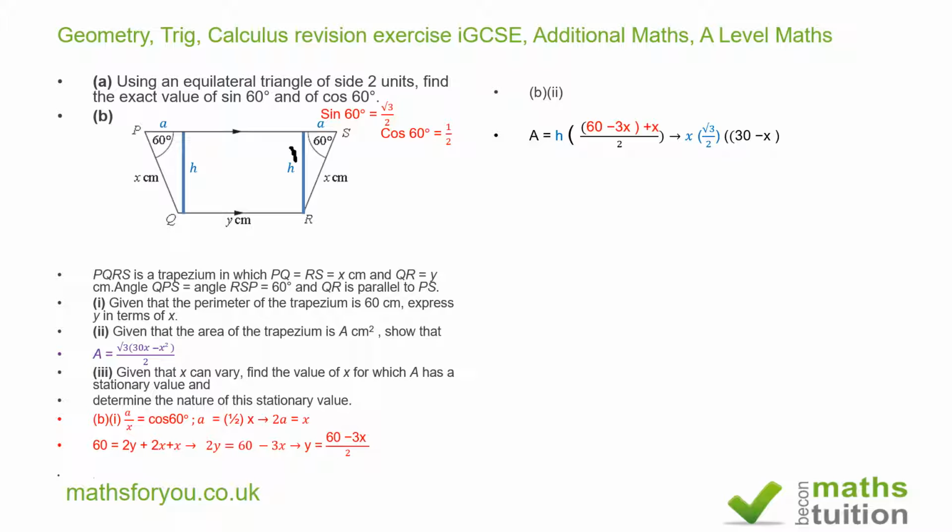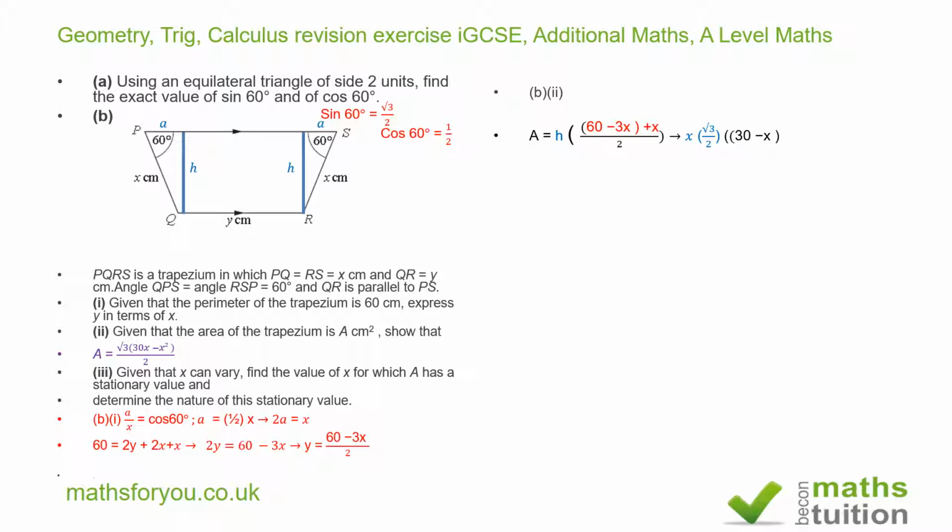H, if you divide h by x, you get sine 60, and sine 60 is root 3 over 2. So h is equal to x multiplied by sine 60, and sine 60 is root 3 over 2. So that bit there is our h there. Okay?